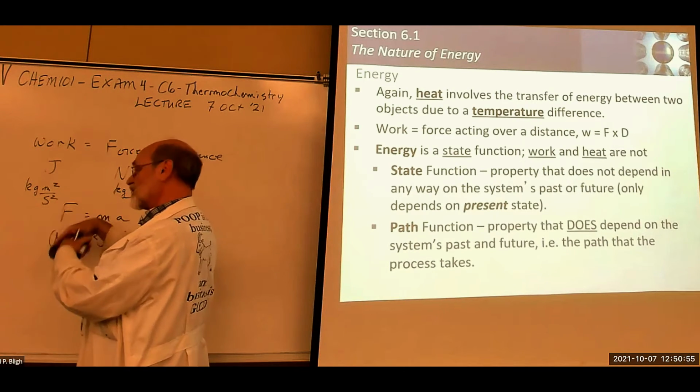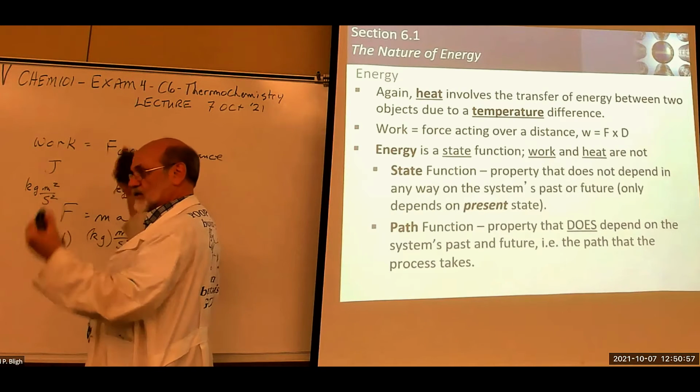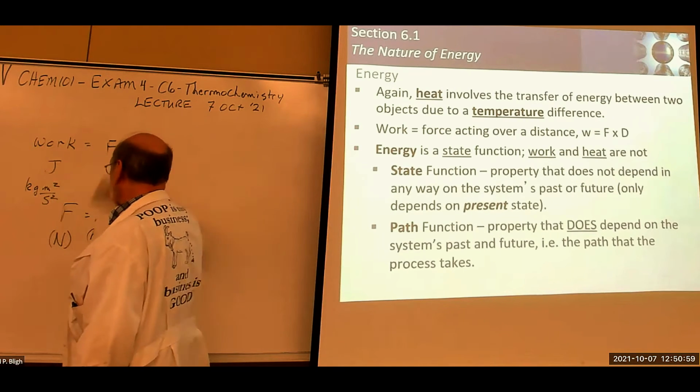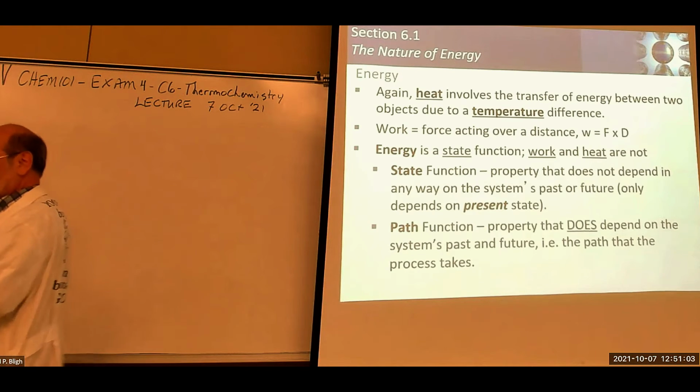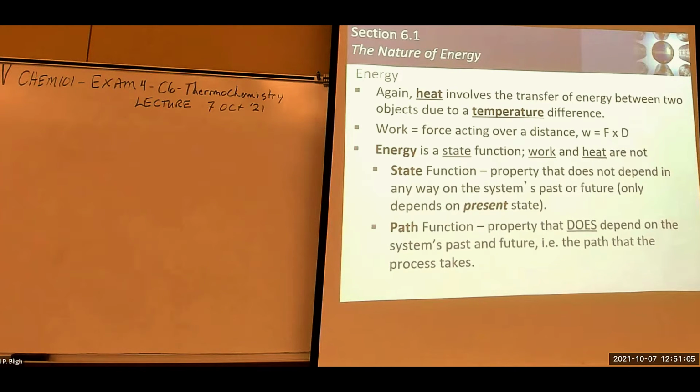But if there are kilograms and meters and seconds in there, then use those, and you're going to resolve the equation units. Remember, when you do a mathematical operation on a measurement, you are doing math on the number and the units.